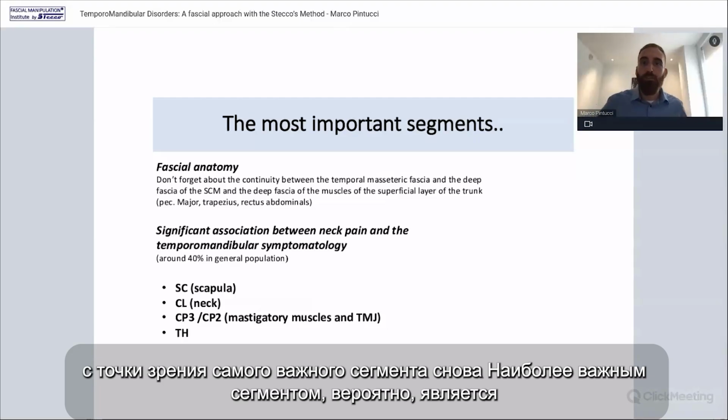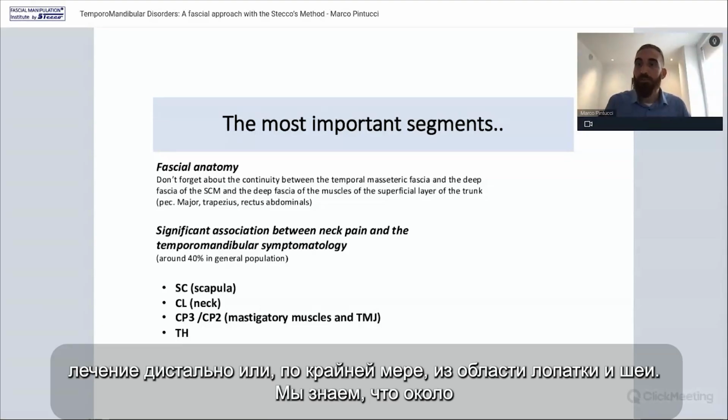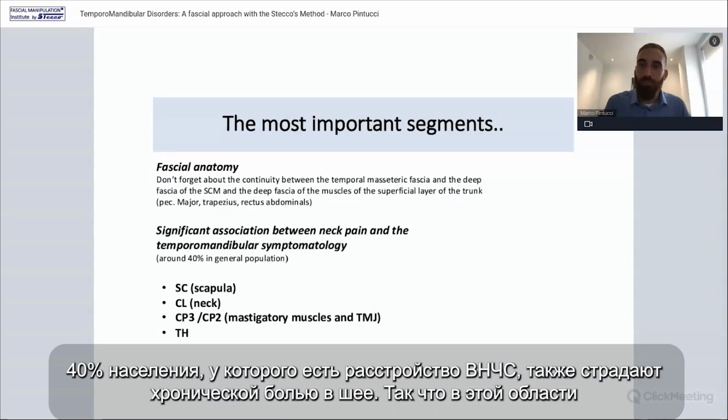Again, the most important segments are probably the scapula, neck, CP23, and thorax. My suggestion is that you start the treatment distally, or at least from the area of the scapula and collar. We know that around 40% of the population that have temporomandibular disorder also have chronic neck pain.